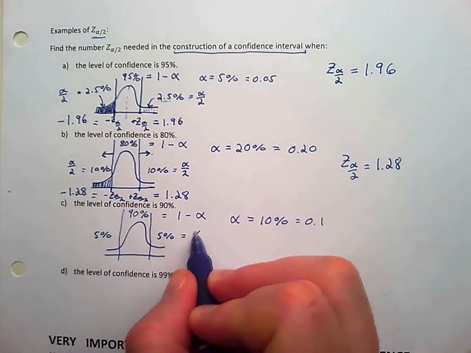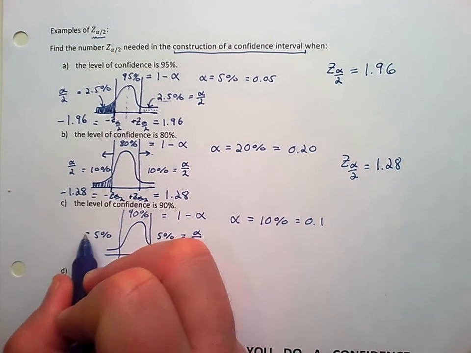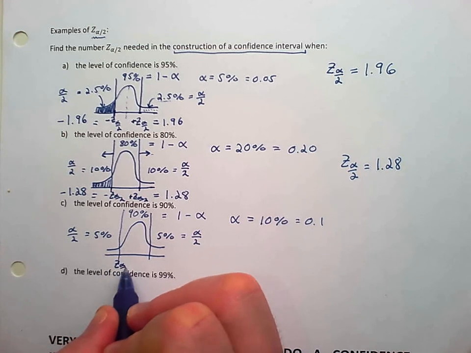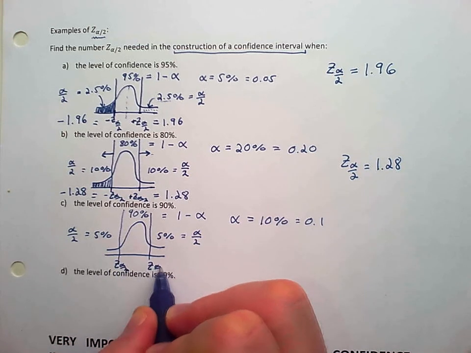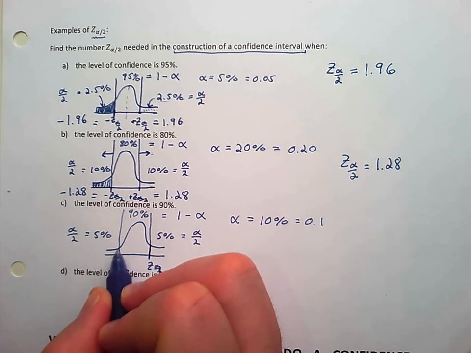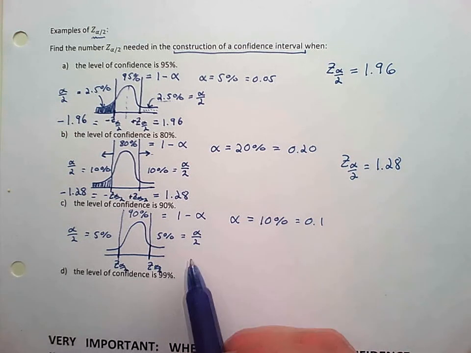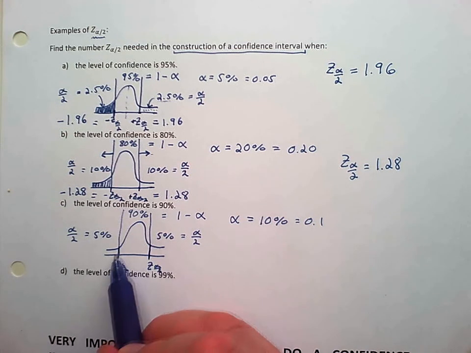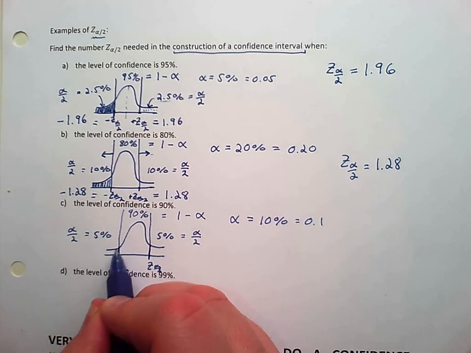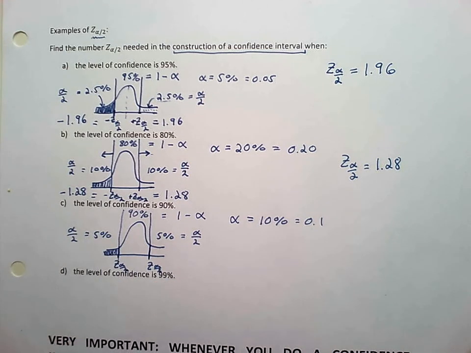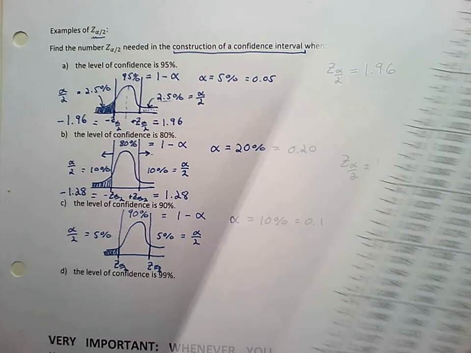So since this is just 5%, this is going to be half of alpha, and this is half of alpha, which again I'm hoping solidifies why we're calling these cutoffs z sub alpha divided by 2. So again, if we're trying to hunt for a percentage in our table, we're looking for 5% or 0.05.